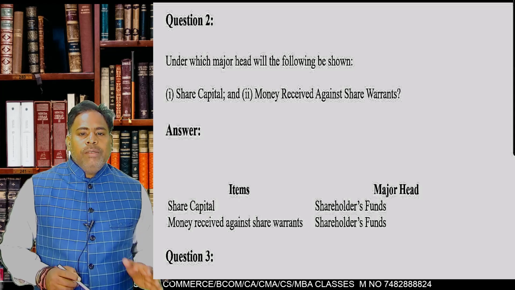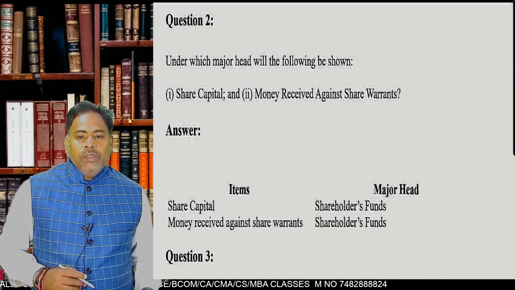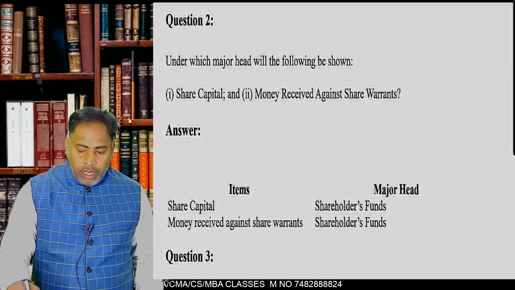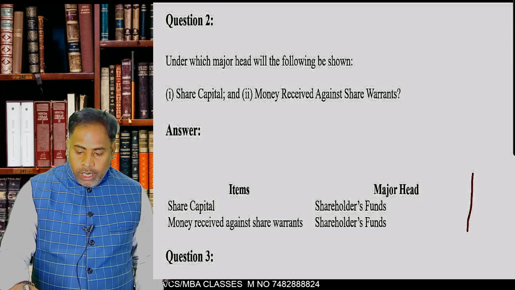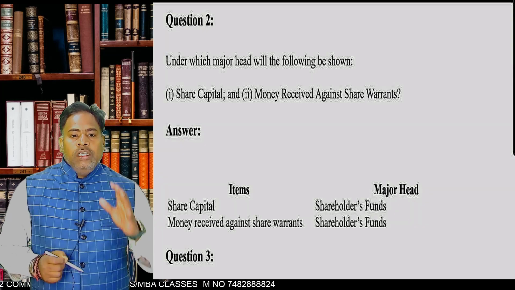Then in question number 2, what major head will cover the following? So you need to explain which major head it is covered under. Share capital and application money. So what is share capital?